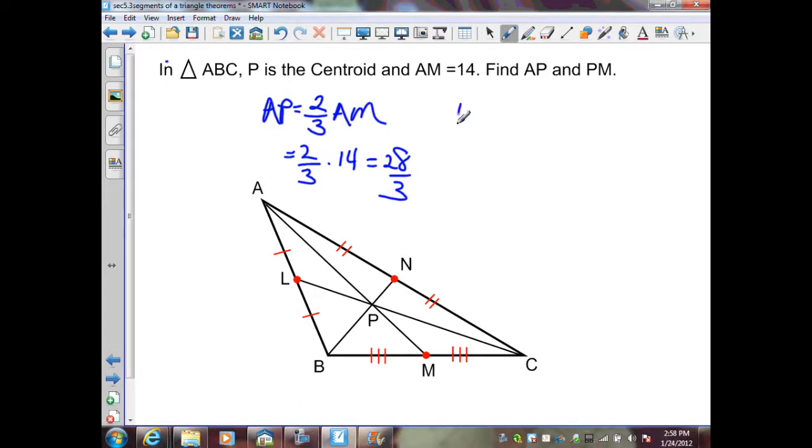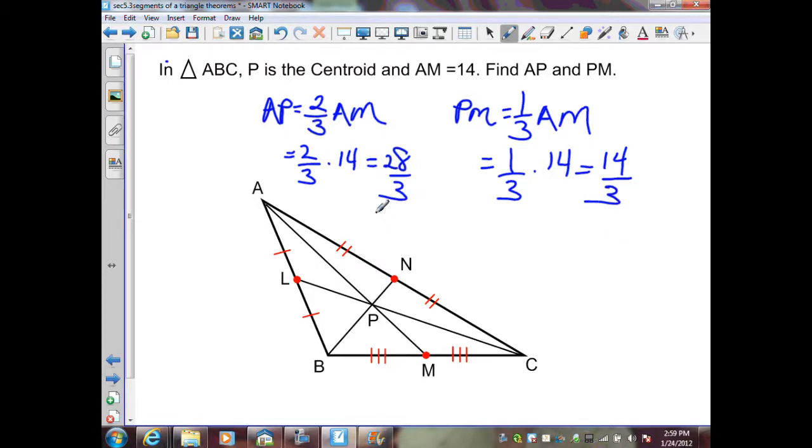The length of PM from the centroid to the midpoint is 1/3 the entire median, which is AM. So now I just substitute 1/3 times AM, which is given to be 14, and that would give me 14/3.